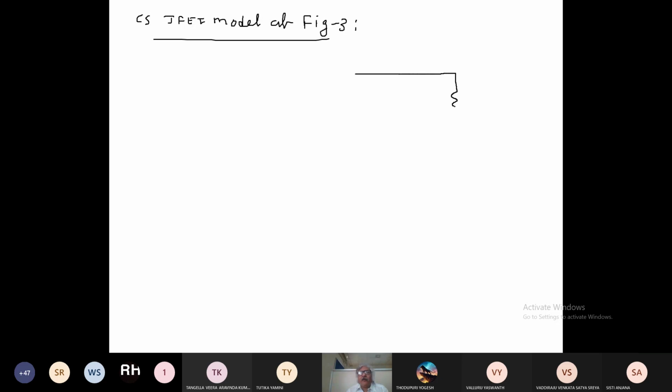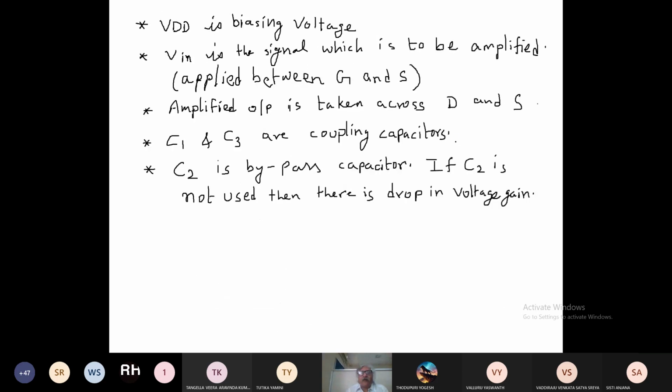Here we have RL, across this we are taking output. Here we have RD. Now you just come to this model.